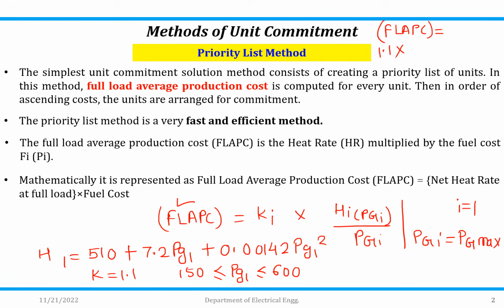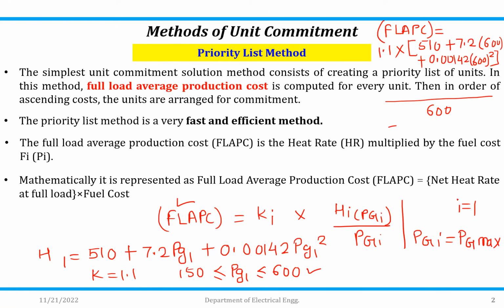So I can write the expression as 1.1 into bracket 510 plus 7.2 into 600, the maximum, plus 0.00142 into 600 square, divided by PGi, and PGi will be equal to PG max, which is 600 for this case.